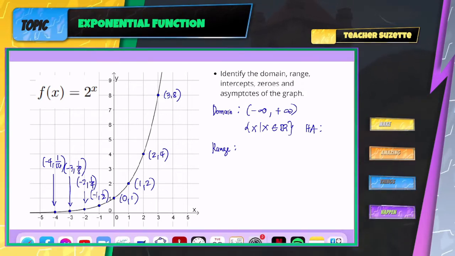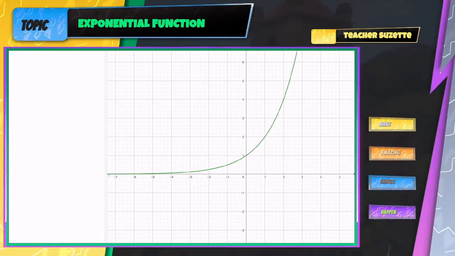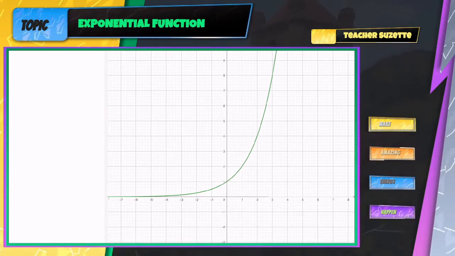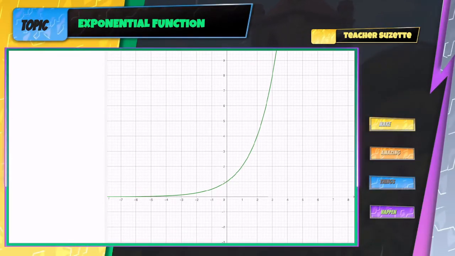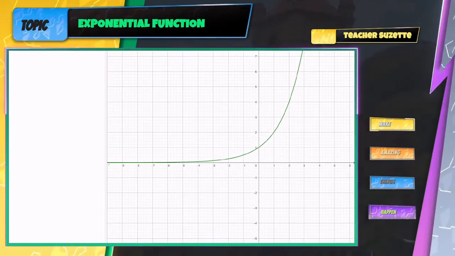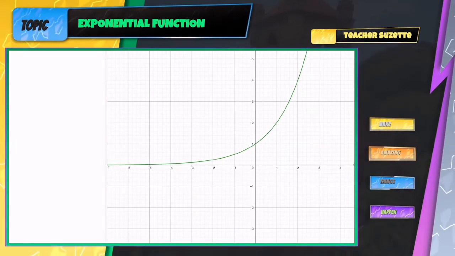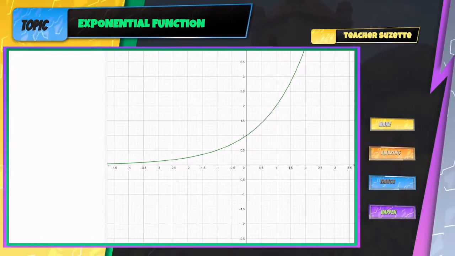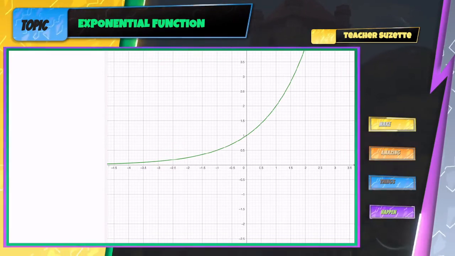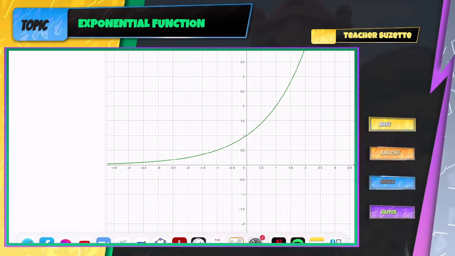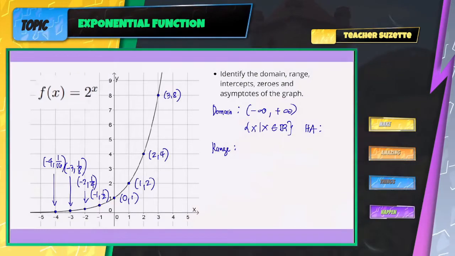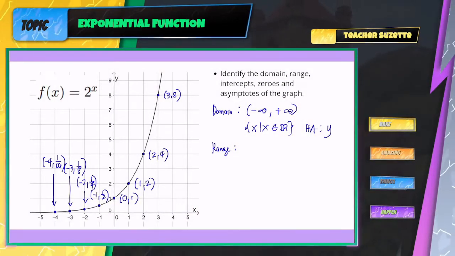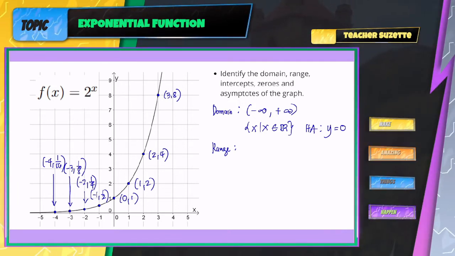So, mapapansin po natin, balikan lang natin yung ating graph, that as we have our x in positive and in negative, mapapansin mo po na nasa taas sila ng ating x-axis or nasa taas sila ng ating line or asymptote, which is y is equal to 0. So therefore, we can also conclude that you have a horizontal asymptote, which is y is equal to 0.